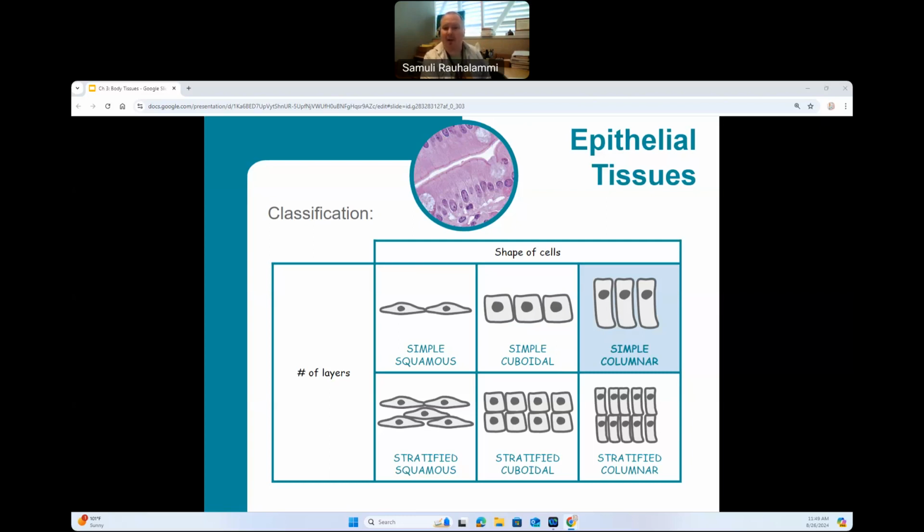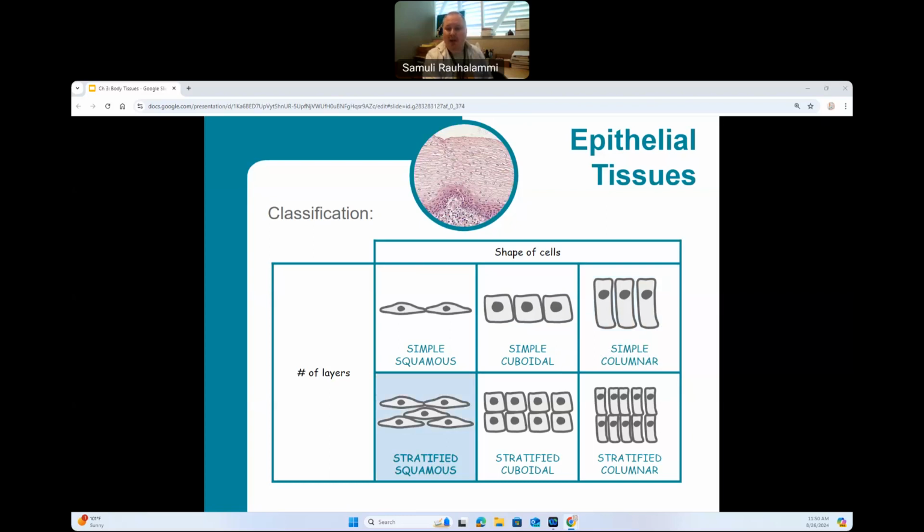We see simple columnar epithelia also in the linings of the digestive tract. The functions of simple columnar epithelia are really secretion, absorption, and also movement if they are ciliated, as we saw earlier on.